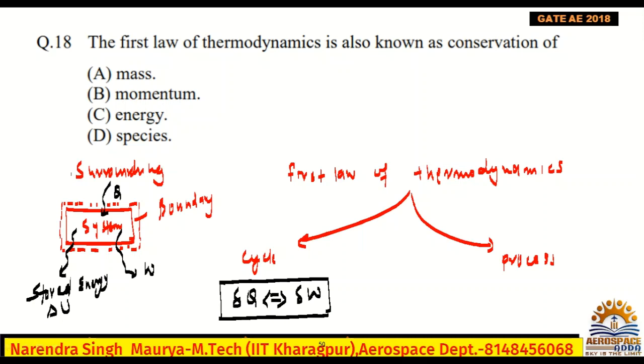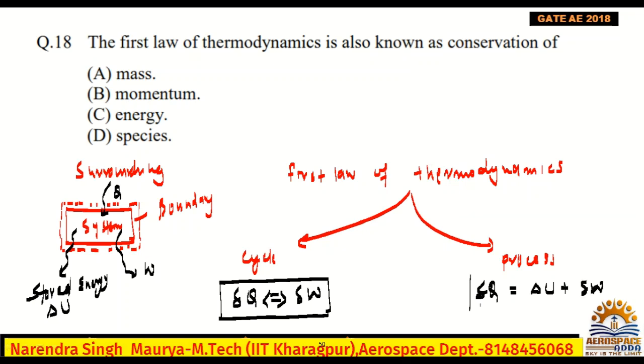That is simultaneous. Once you supply heat, it will be converted to work, but at the same time some amount of heat will be stored, which is called stored energy. So for the process, del Q is equal to delta U plus del W.